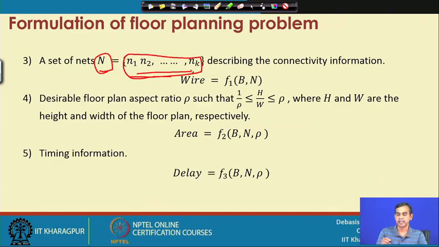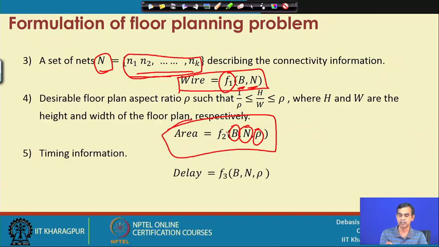The idea is that if the set of blocks B is given and the set of connections N, then f1 is one objective function, known there, by which we can say what total wire is required. Wire means how much connectivity, how much networking cost is required. Also, if rho, the aspect ratio, is given for each block, and the set of blocks and the network connections are given, then the area that is required is given by the function f2.